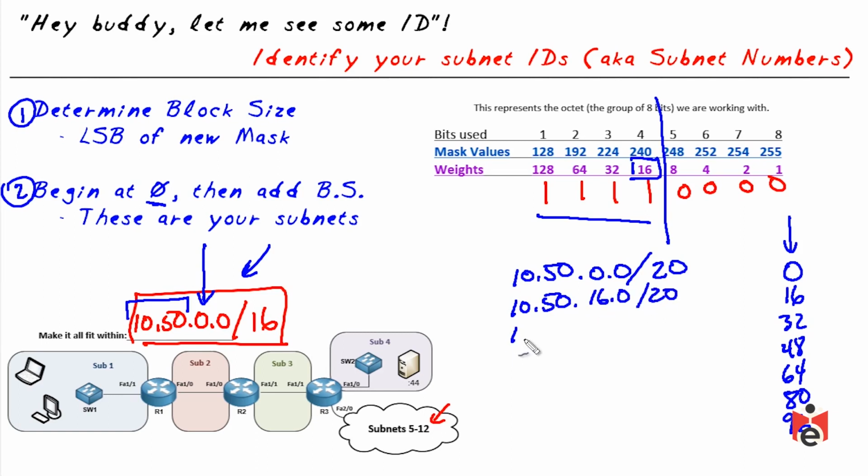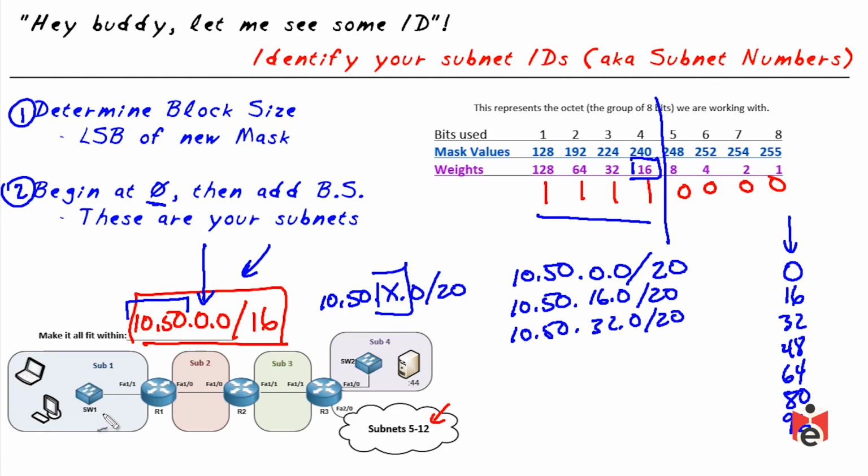And the next one is 10.50.32.0/20. And it's just going to continue all the way down. So in a topology diagram like this, we might just say in the documentation that this is the 10.50.x.0/20 network. Then for these subnets, instead of writing out the entire subnet address, we might just put the value of x.